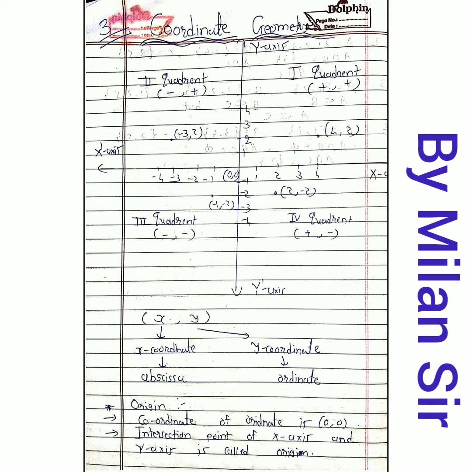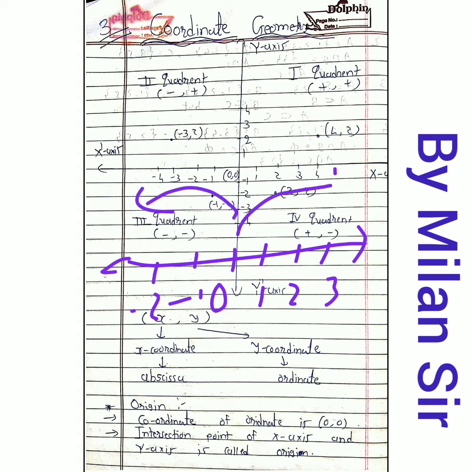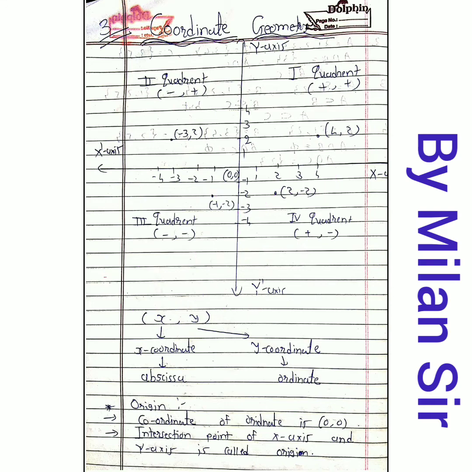The number line is 0, 1, 2, 3, minus 1, minus 2. Left hand side of 0 negative numbers are there, right hand side of 0 positive numbers are there. From left to right the value of the number increases.